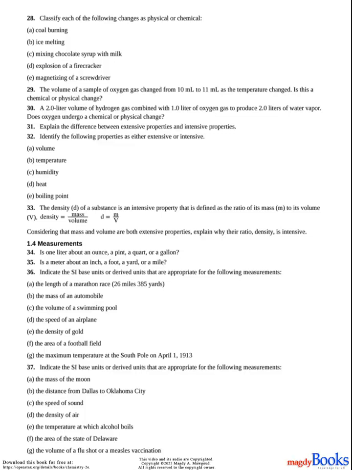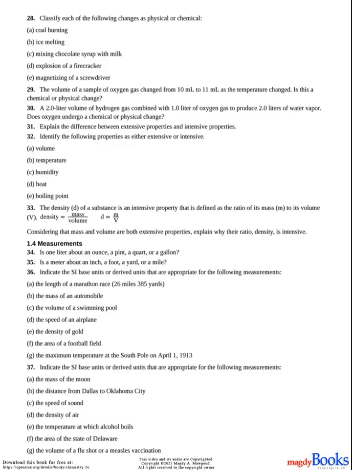B. The mass of an automobile. C. The volume of a swimming pool. D. The speed of an airplane. E. The density of gold. F. The area of a football field. G. The maximum temperature at the South Pole on April 1, 1913.